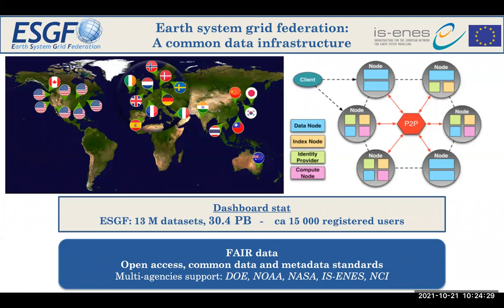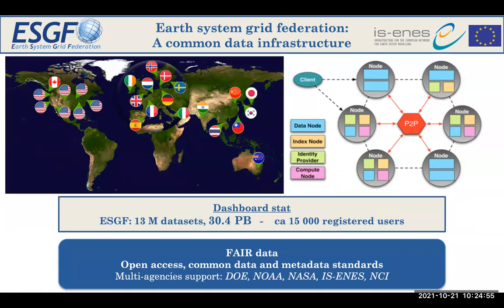And you have on the right the peer-to-peer system, which is represented with some of the nodes just being data nodes, and some other nodes providing index, identity provider, and compute facilities to do analysis of the data.